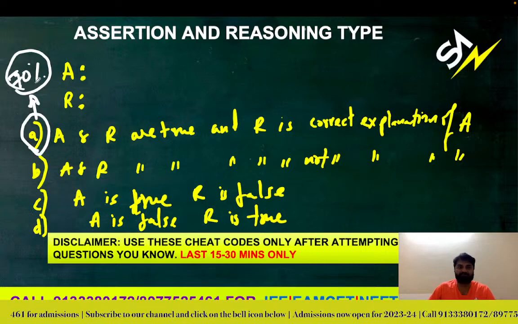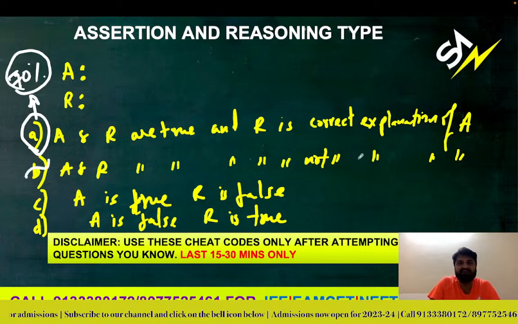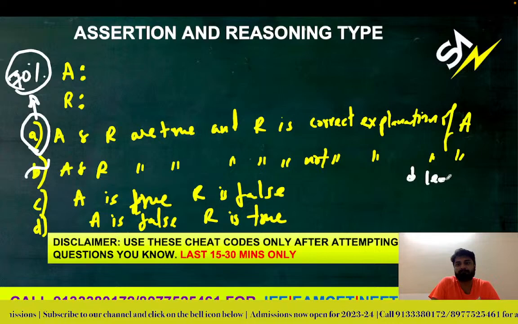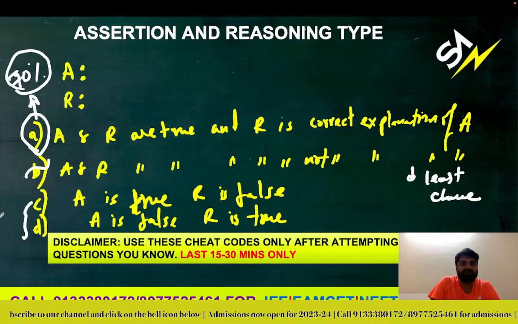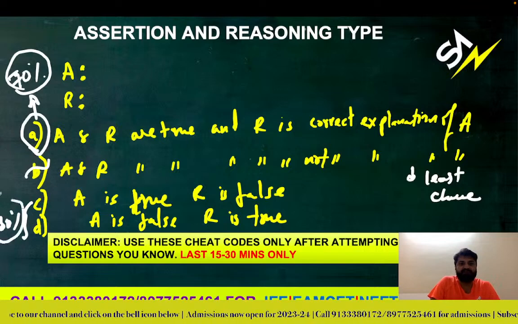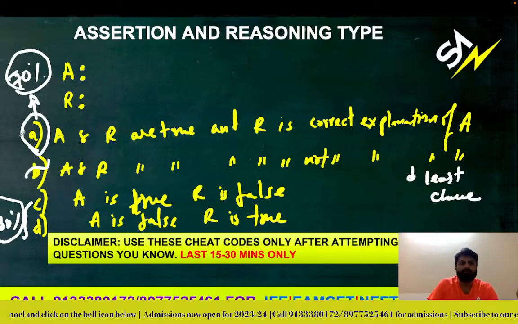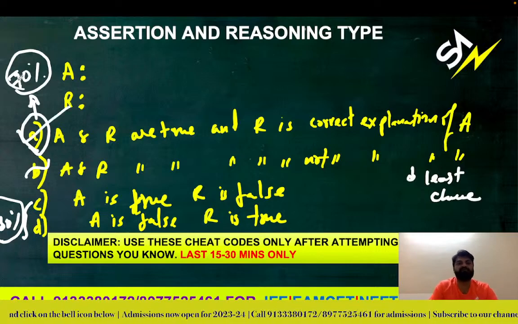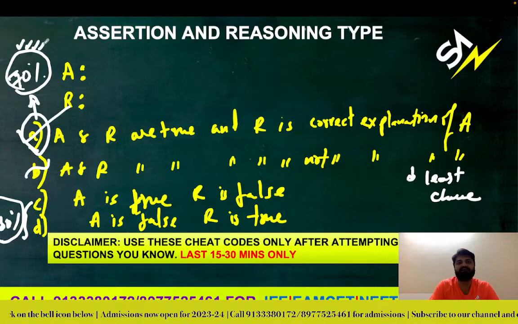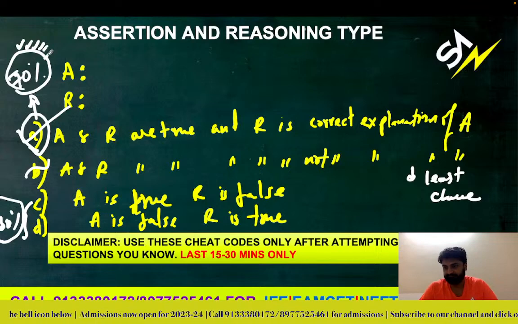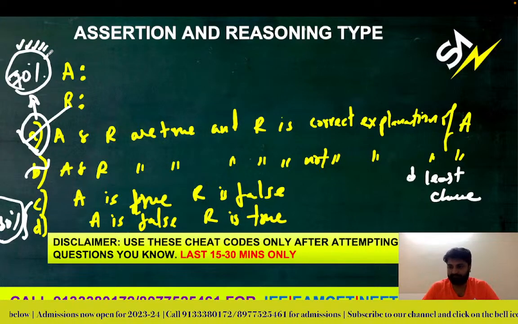This has the least chance, and out of these two, it's 30%. So let us say you have no idea about the question, you have no idea at all, blindly tick option A because you have a 70% chance of getting this correct. This is for the assertion and reasoning type.